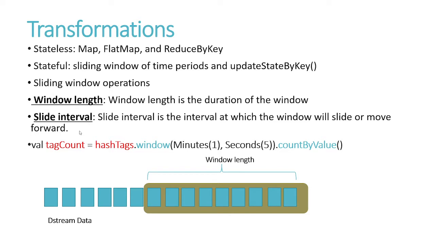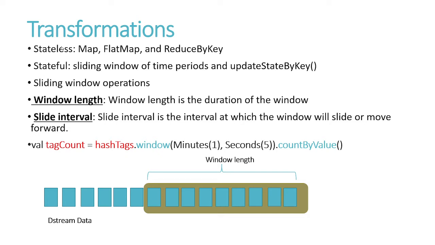So today we are going to discuss what all the transformations are which we can do over the streaming data. Basically there are two kinds of transformation, stateless and stateful.